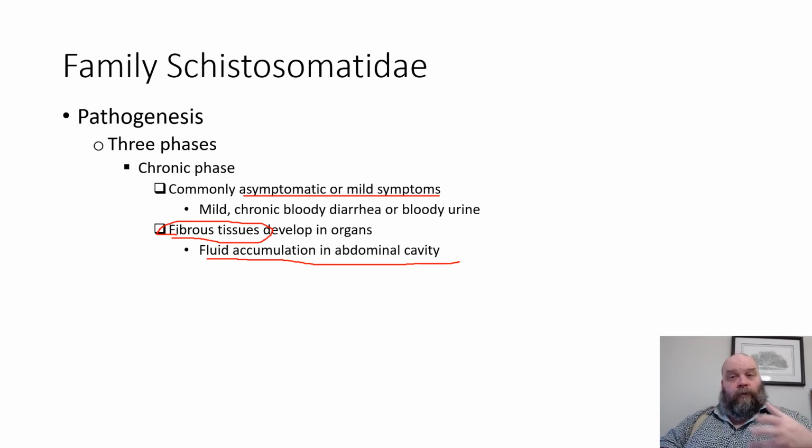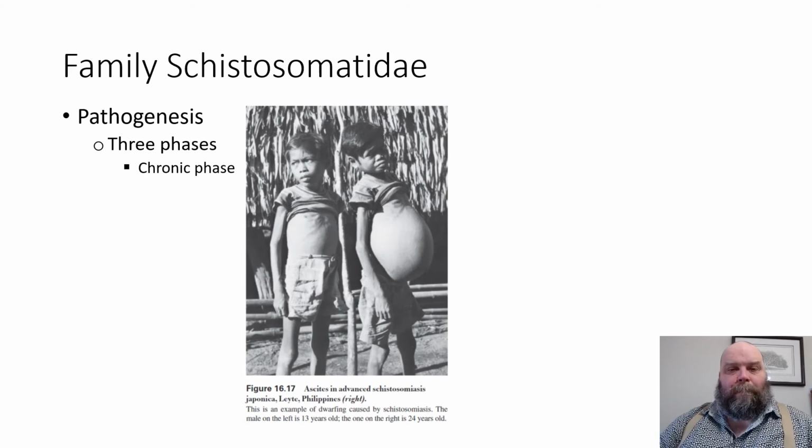Well, this fluid accumulation in the abdomen, in my mind, that's because head to toe, overall body inflammatory response, low grade, means there are going to be fluids coming out of the blood, and it's accumulating, and it's giving them this distended belly look, as you see right here.